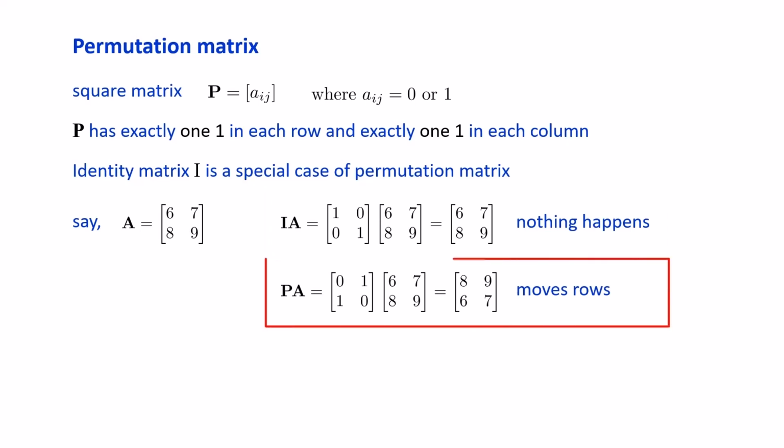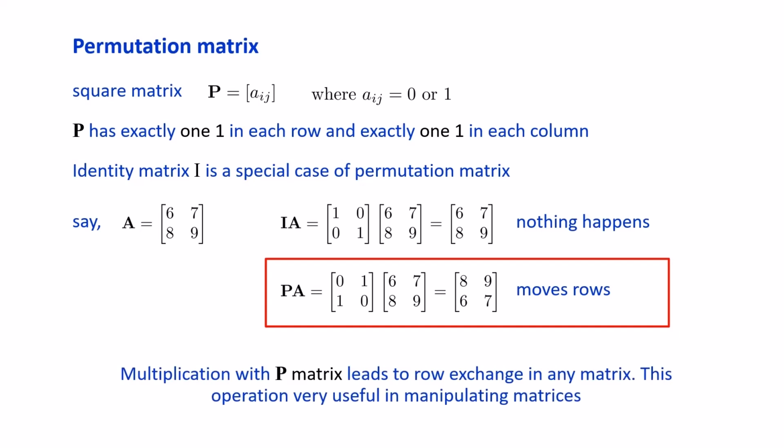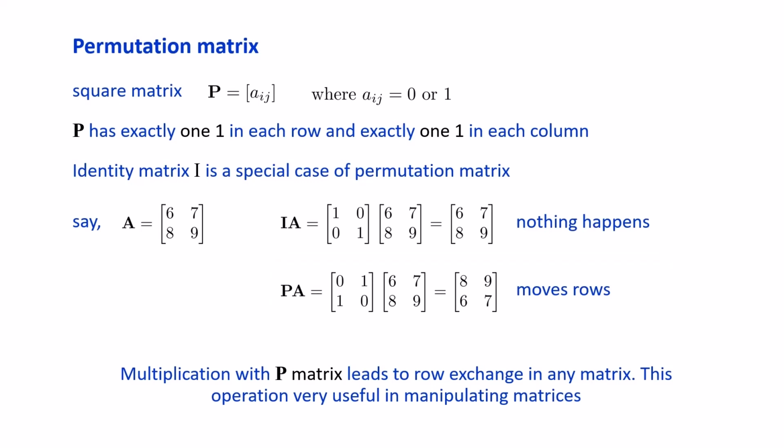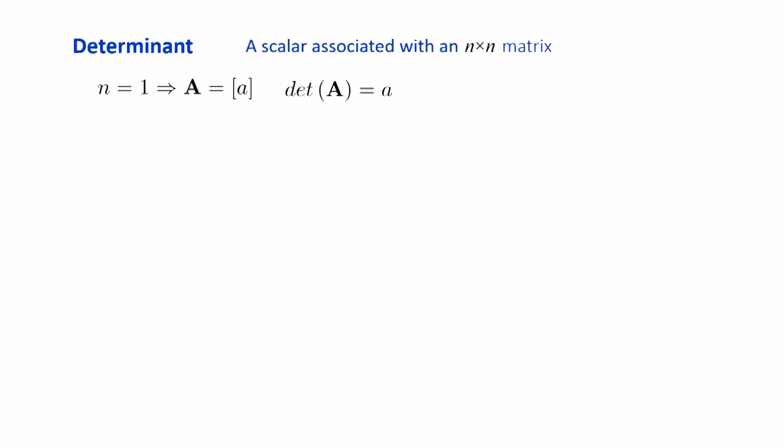Now when we multiply A with the permutation matrix P, that is [0, 1; 1, 0], row 1 of the product is 0 times the top row of A plus 1 times the bottom row of A. Thus you can clearly see that the rows have been exchanged. So whenever we wish to exchange rows of a matrix, we multiply the matrix with an appropriate permutation matrix.